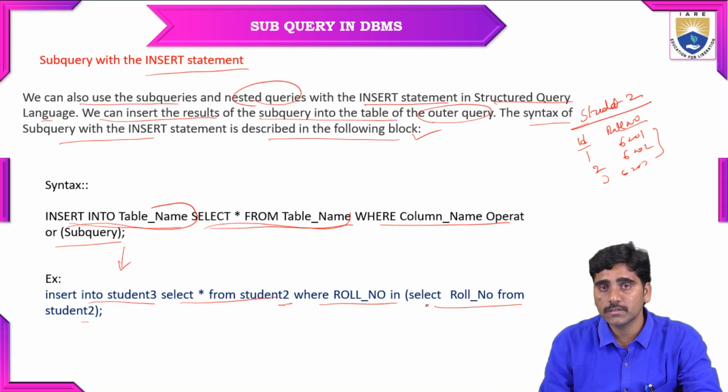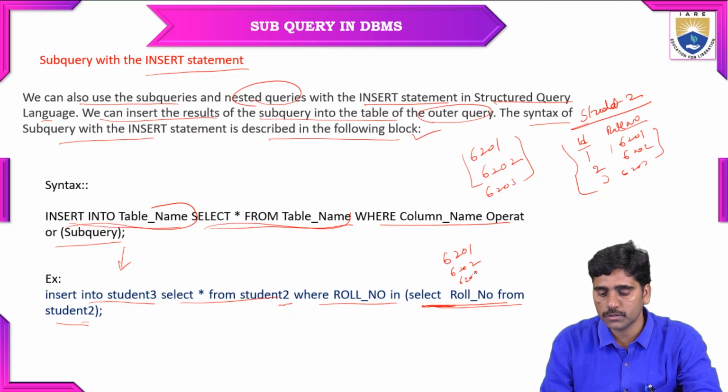Now whenever the subquery select roll number from student 2 is executed, all the roll numbers will be displayed: 6201, 6202, 6203. This is the result of the subquery.